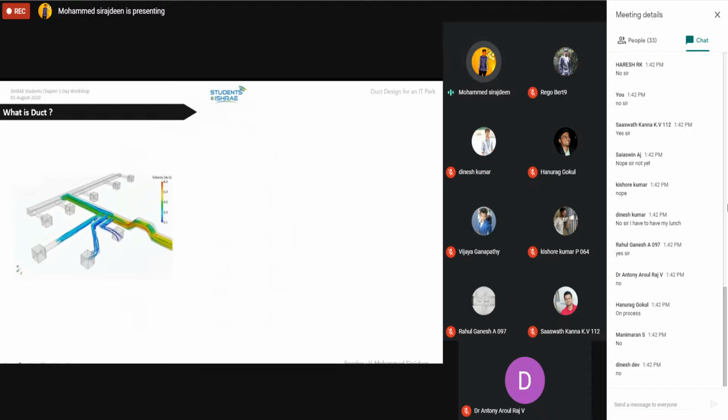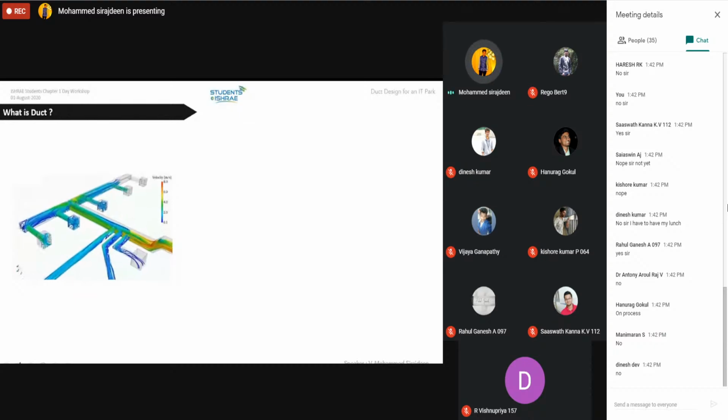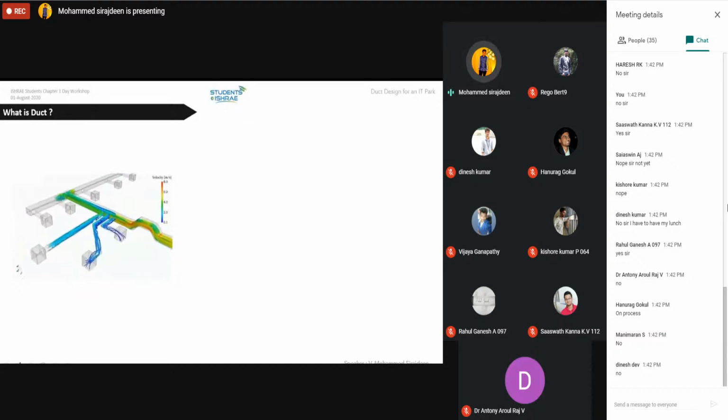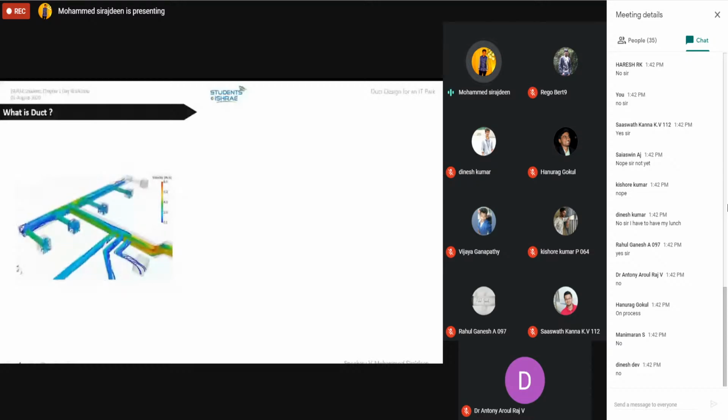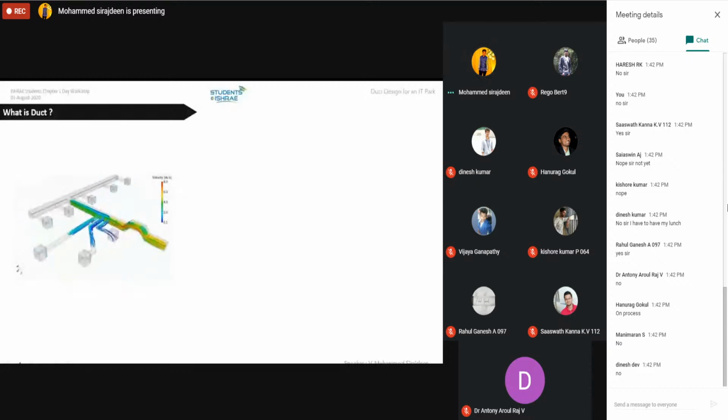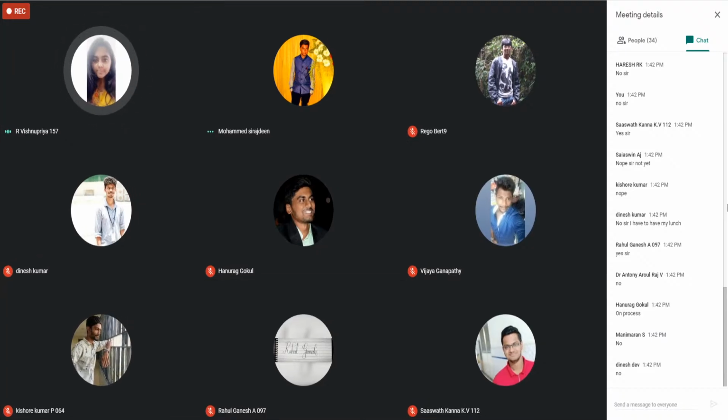I request everyone to see the picture and say the story. It is better if Vishnu or somebody else shares the screen. Can I stop sharing? Okay, sir, I'll share the screen. Vishnu, you should stop sharing from the two devices, just have one device alone, otherwise there will be echoing.